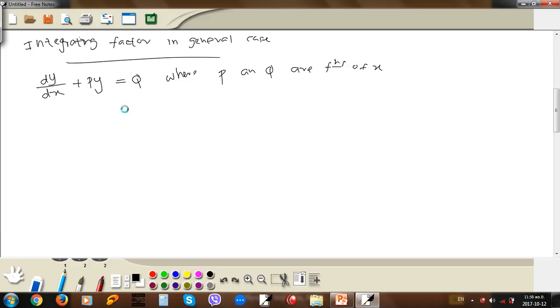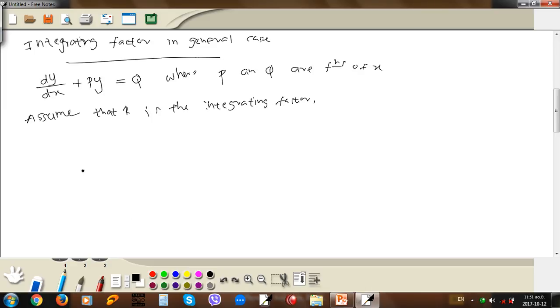We assume that r is the integrating factor.